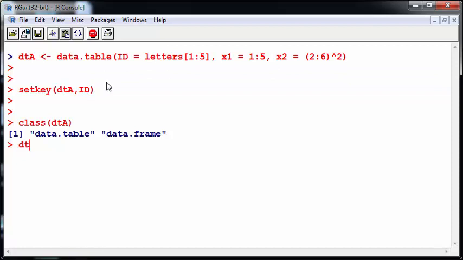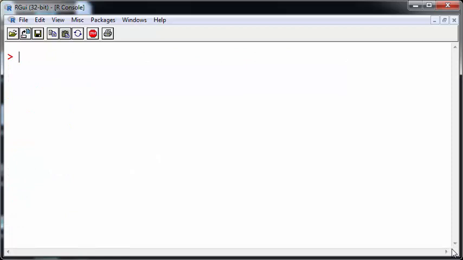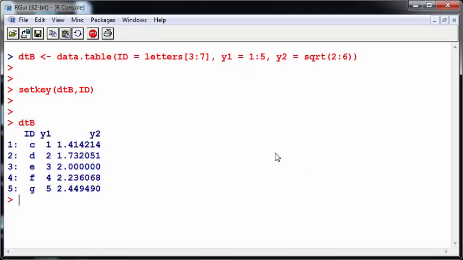Let's look at DTA. It's a very simple data set with the primary key ID identified, A, B, C, D, E. I'm also going to set up another data table called data table B, using very simple lines of code.